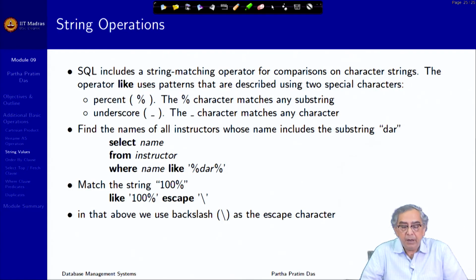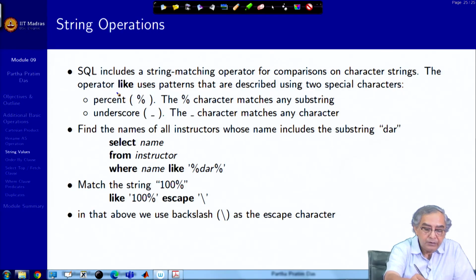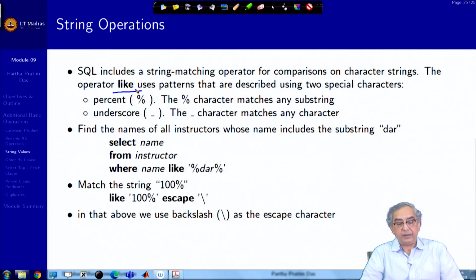But often we want to match partially, or we just know a part of the string and we want to find all of that. So, for that we have what is known as the like operator.